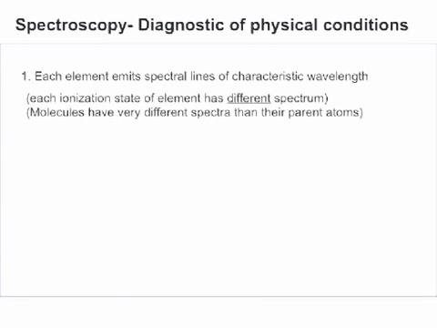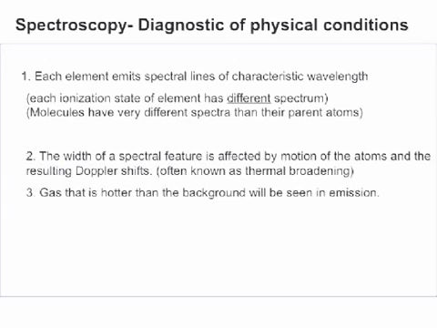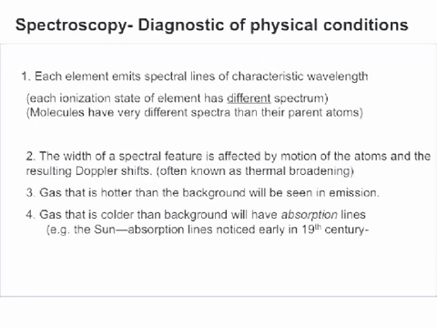Gas that is colder than the background will have an absorption line. That was noticed a long time ago. The Fraunhofer lines come from cold gas near the surface of the star absorbing light from the hot gas underneath it.